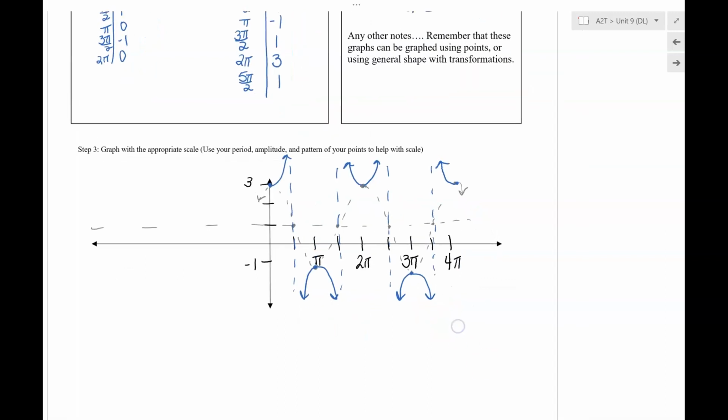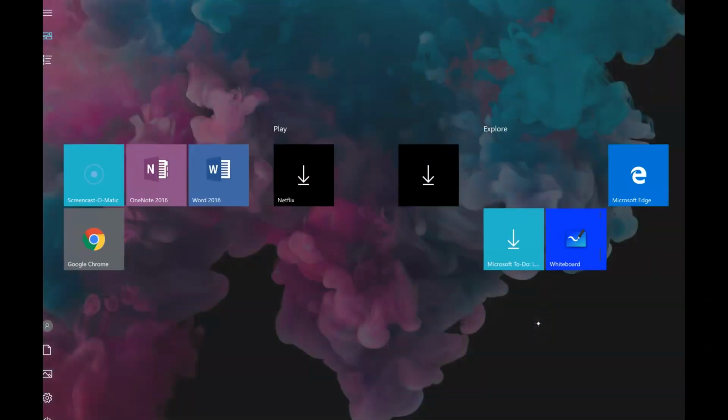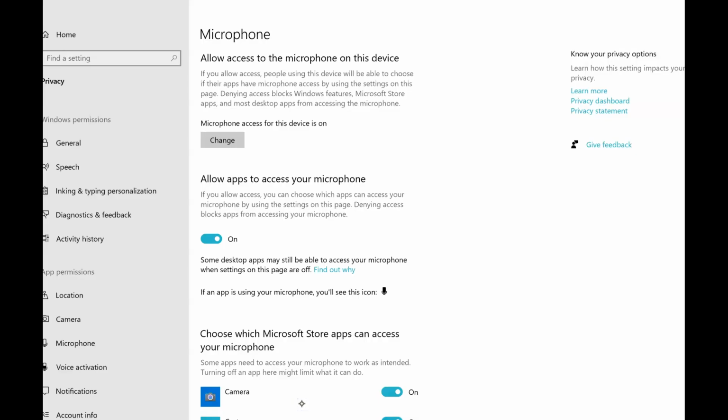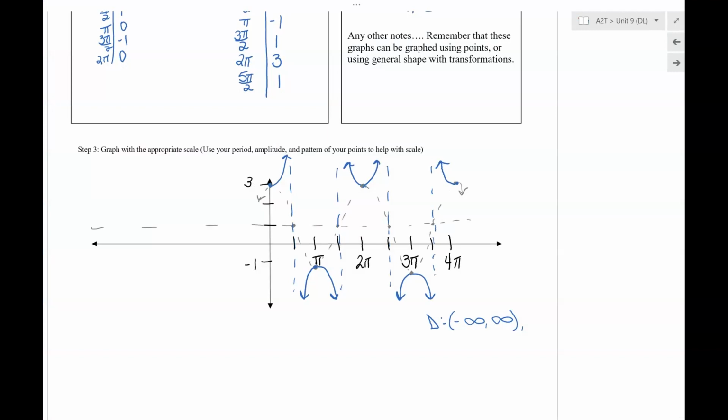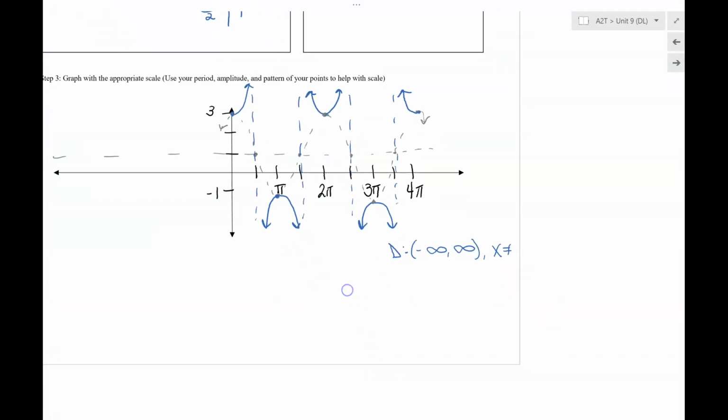Nice job, guys. Okay, so for the domain, we say that it's from -infinity to +infinity. X, oh, goodness gracious, come back. Sorry, guys. Okay, x cannot equal our first asymptote that I see, which is pi over 2 plus half the period, so pi k, where k is any integer.